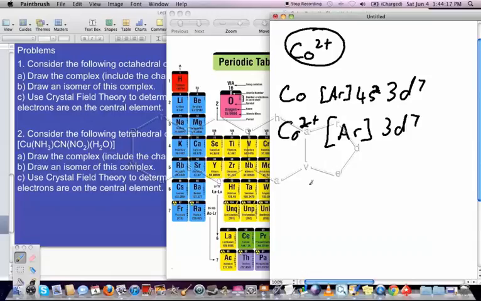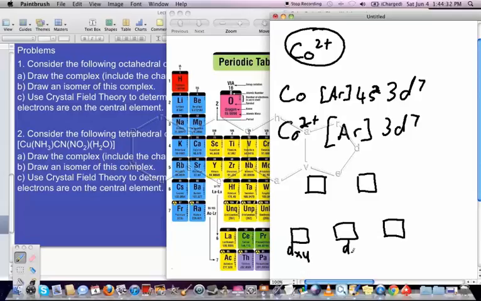Now we do our arrangement. And we're going to have dxy, dxz, dyz down the bottom, and we'll have dx squared minus y squared and dz squared up the top.